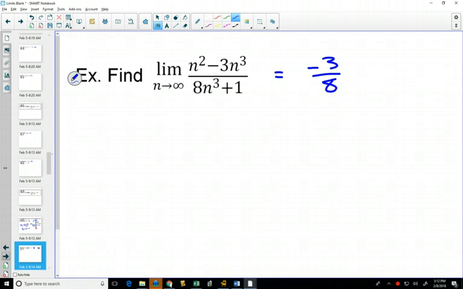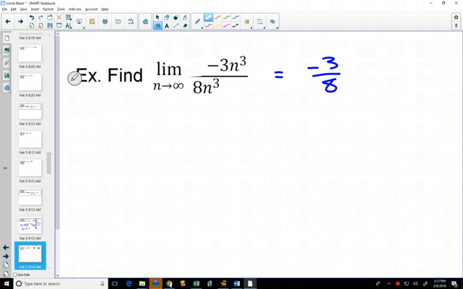And that's only at 9. What happens when you're at 1,000,000? It doesn't matter what the other one is. When you get to 1,000,000, that n squared is like that Baltic Avenue. It doesn't matter anymore. You can kind of ignore it. And if you ignored everything except for the highest power on the top and the highest power on the bottom, that's what you get. And that simplifies to just -3/8.